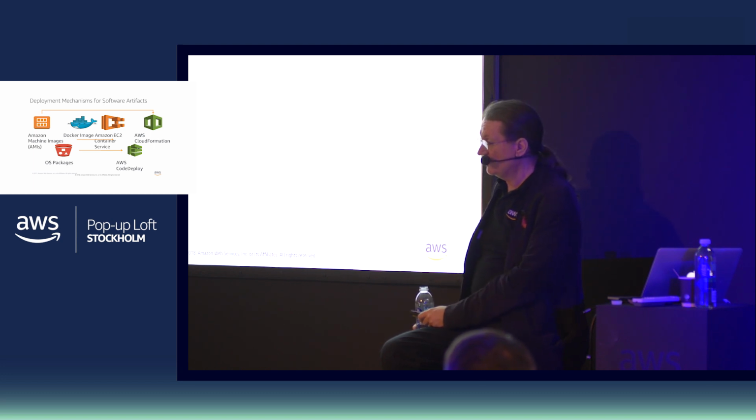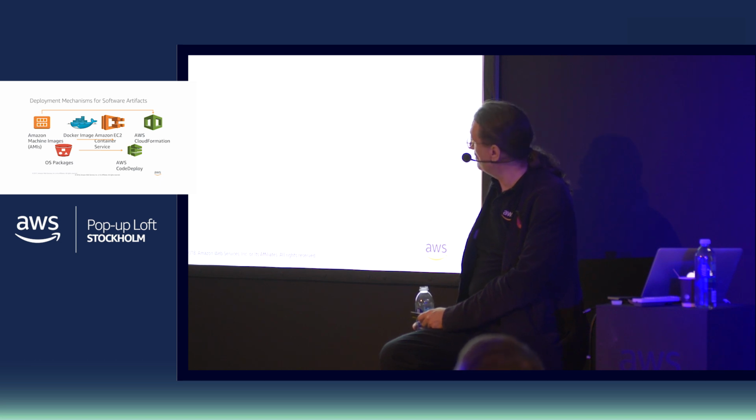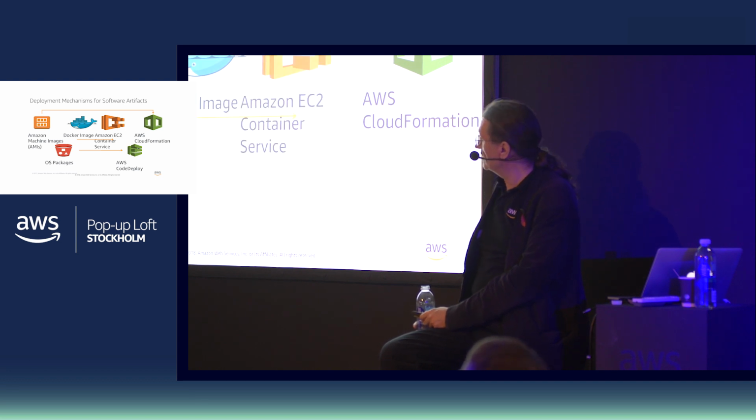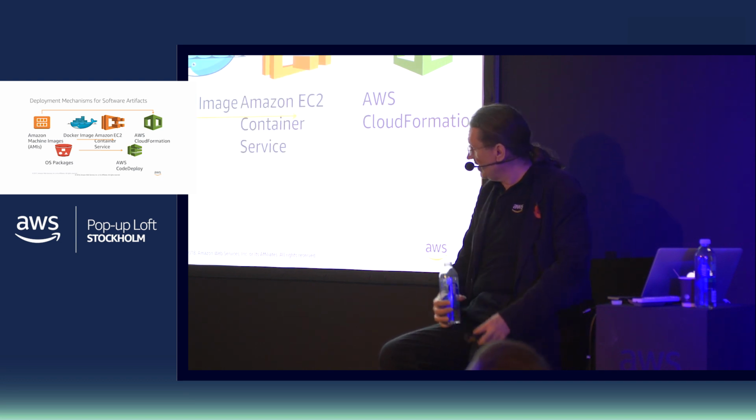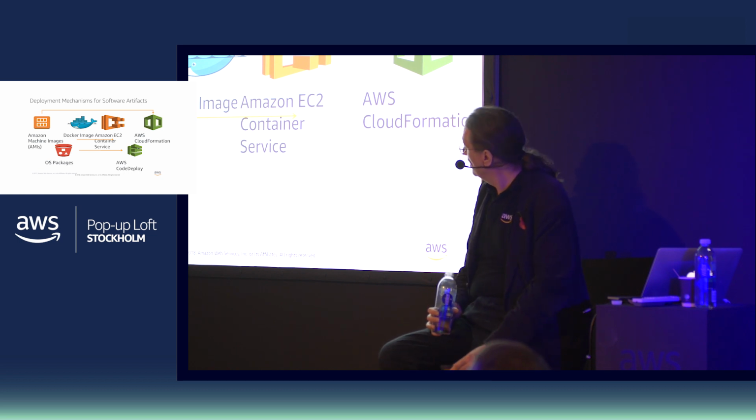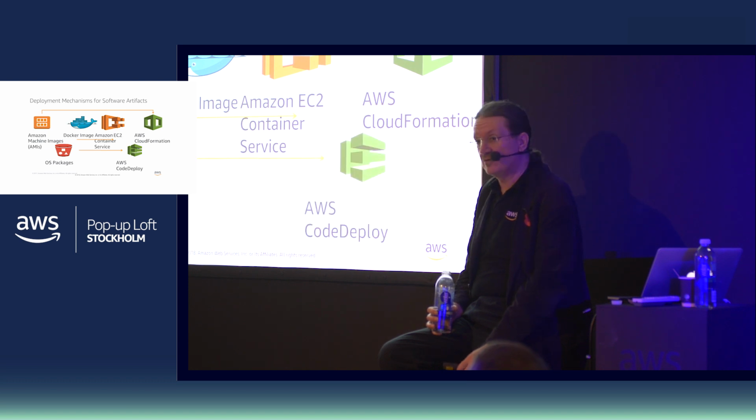And in terms of doing this, we've spoken about being able to do this with CloudFormation for AMIs and other entities that can be deployed with it. Obviously, you've got EC2's plan capability for sending Docker images out, and for OS packages or arbitrary files, you've got code deploy.